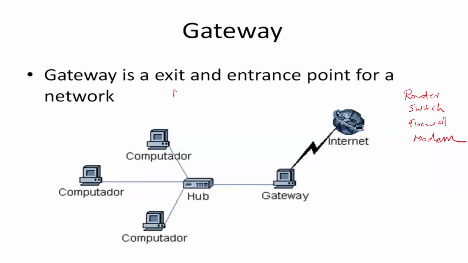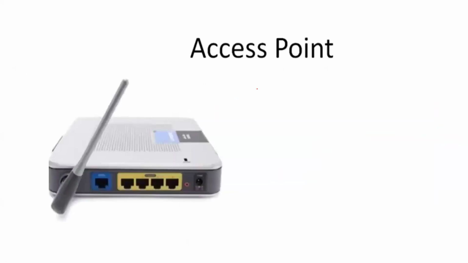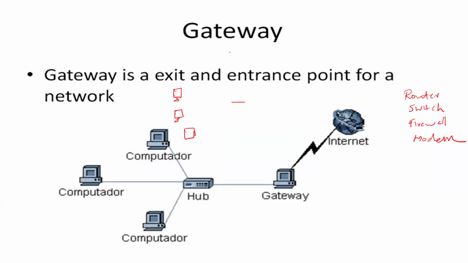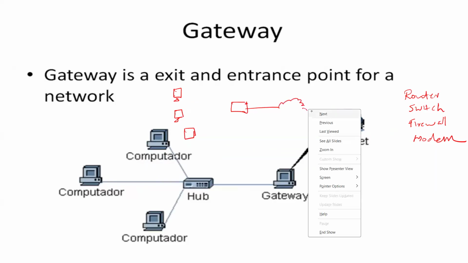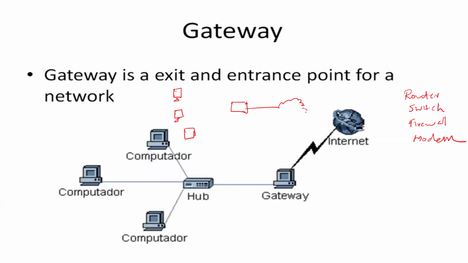We would have multiple devices there. A laptop would be there, a phone would be there. So you would have a modem here, right? Modem, and it would be connected to the internet service provider, ISP.